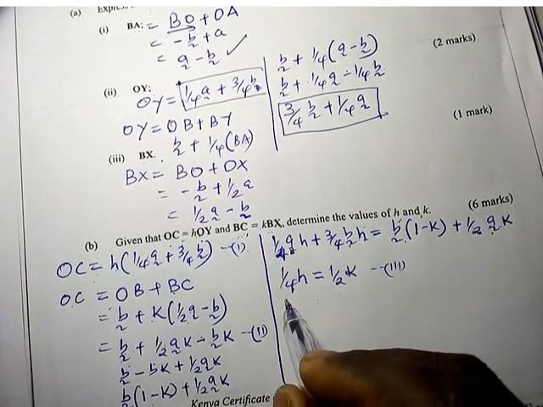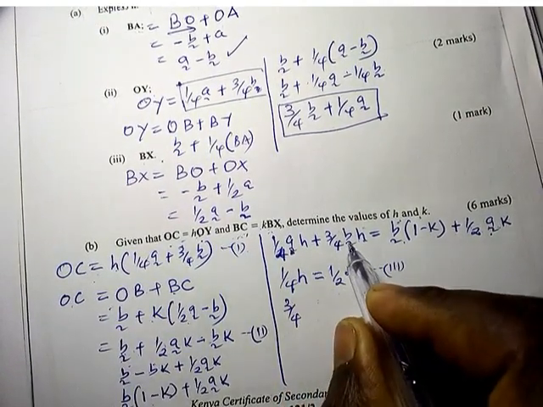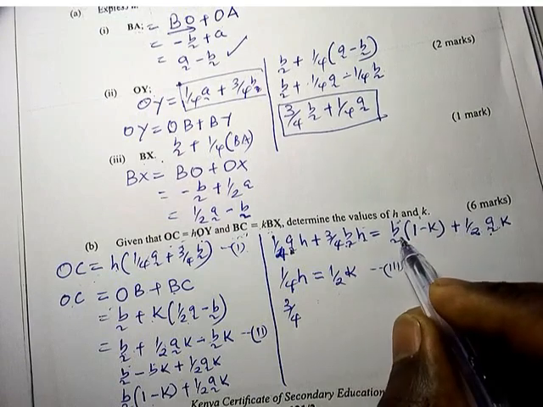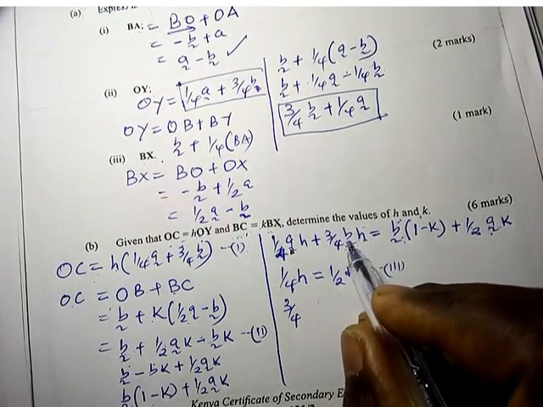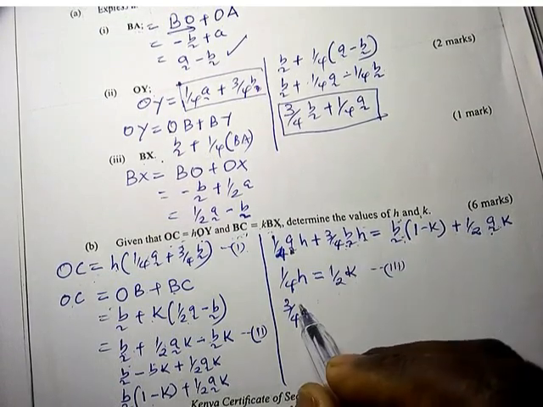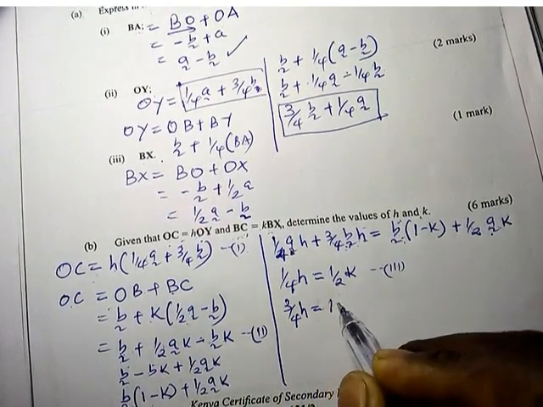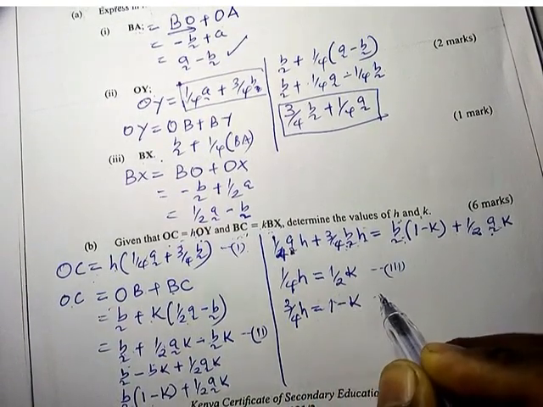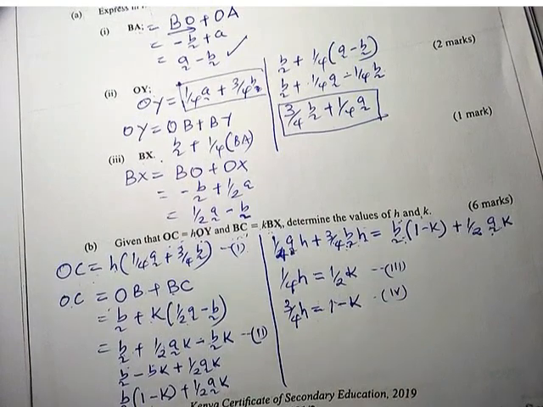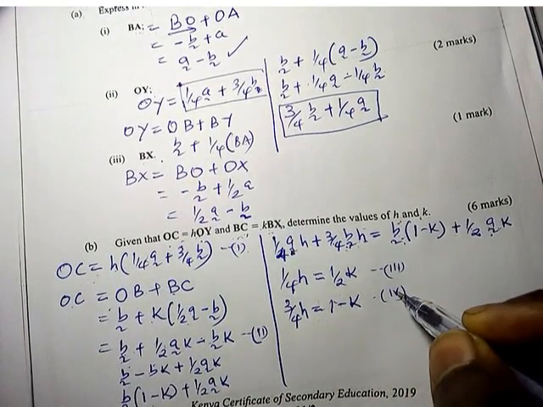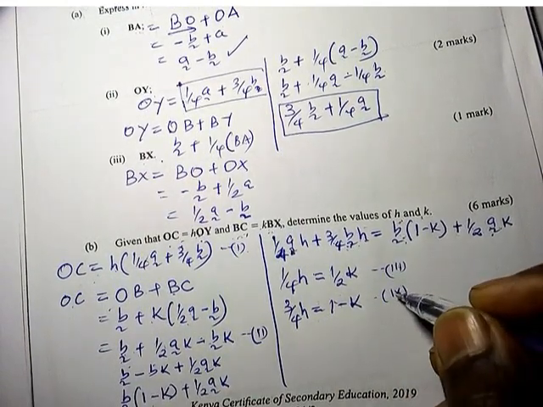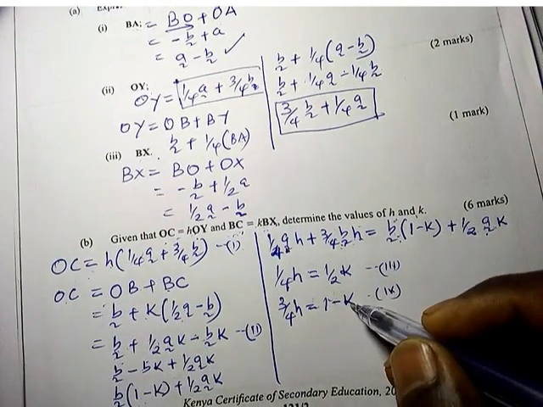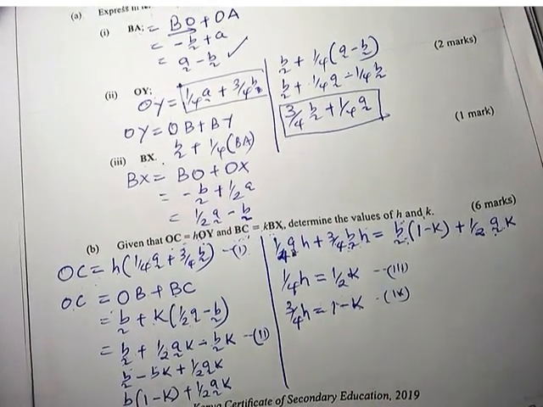Now again, 3 over 4 B and B, these are now the like terms. So it means it is 3 over 4 H is equal to 1 minus K. And this is our equation 4. Now we are going to solve equations 3 and 4 either using substitution method or elimination to get the values of K and H. I want to use substitution.